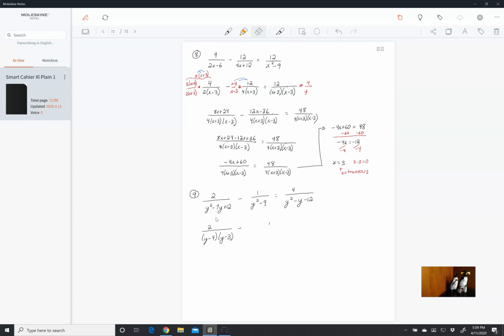Y squared minus 9 is a difference of squares. That's y plus 3, y minus 3. And then y squared minus y minus 12 is y minus 4, y plus 3.